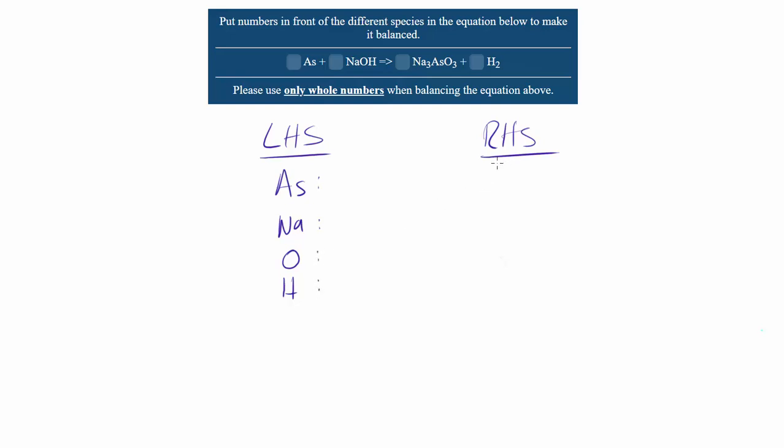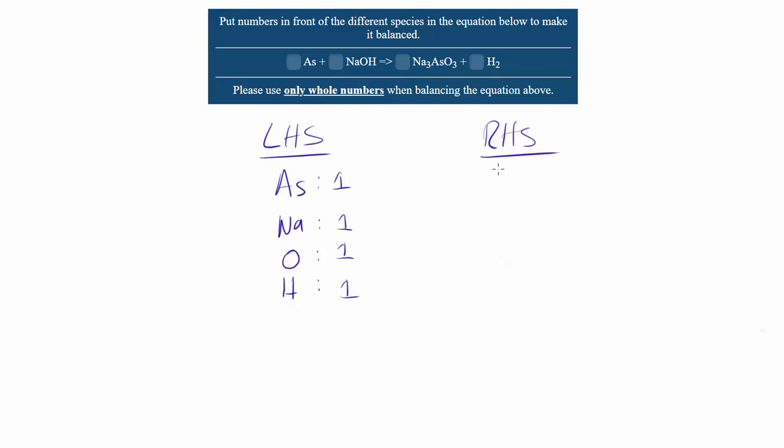Okay, so let's take a look at what we actually have on the left hand side. For As, it occurs once, so you've just got one. For sodium, again, it occurs once. Oxygen occurs once, and hydrogen occurs once.